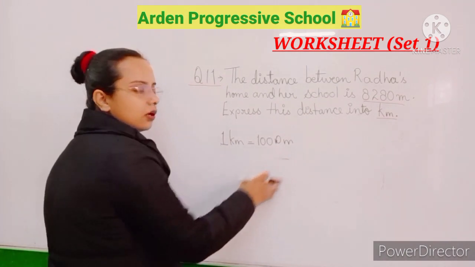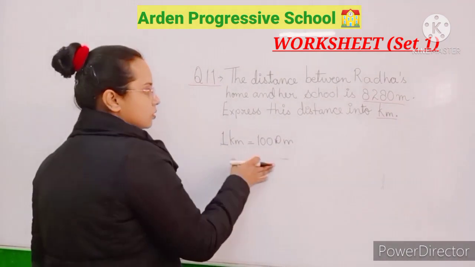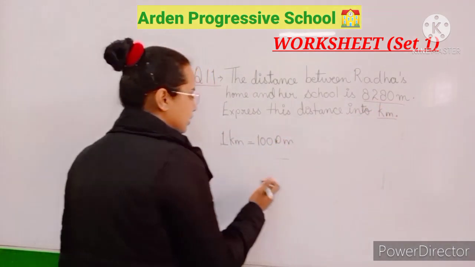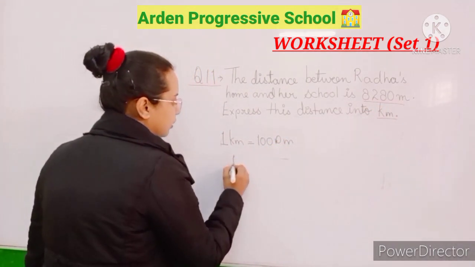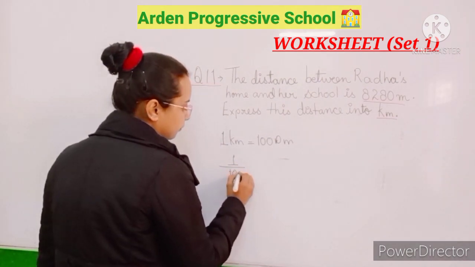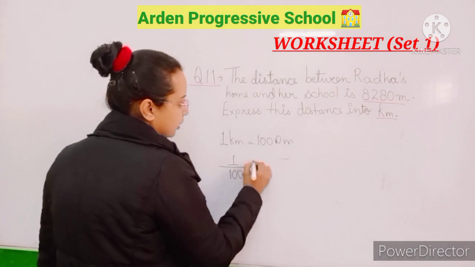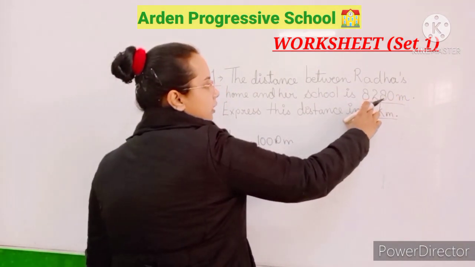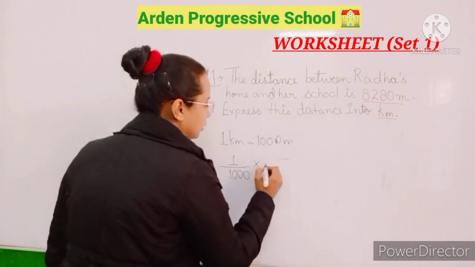That is 1000 meters. So now you have to divide. The expression will be 1 upon 1000 into this number, 8,280 meters.